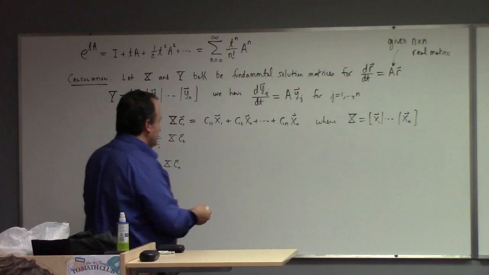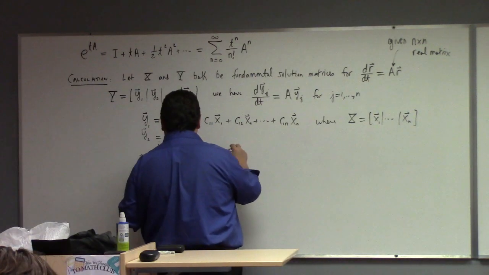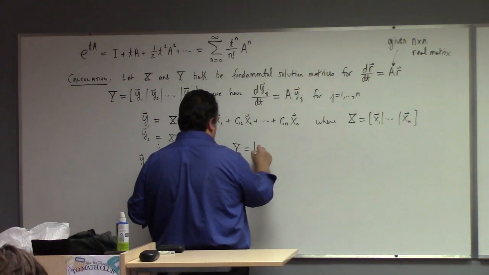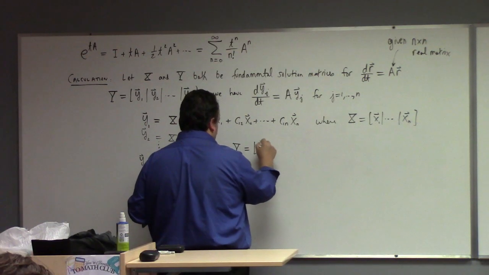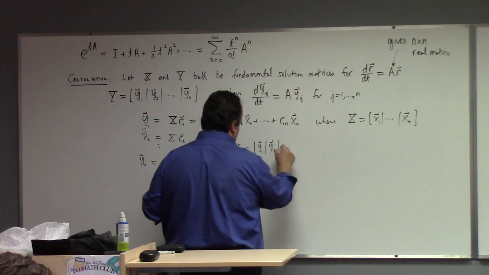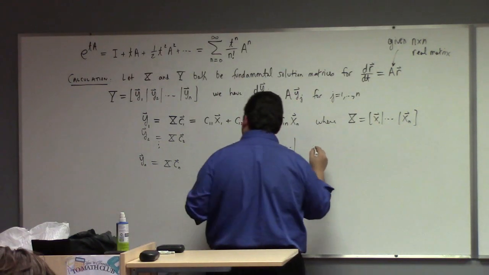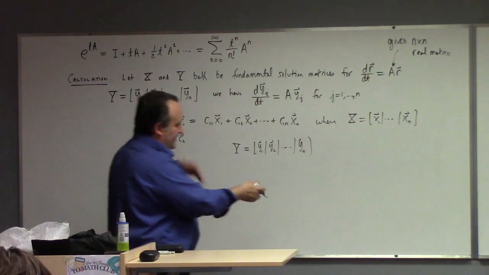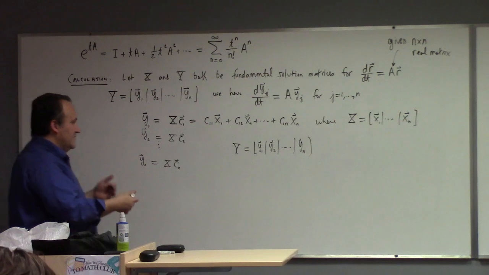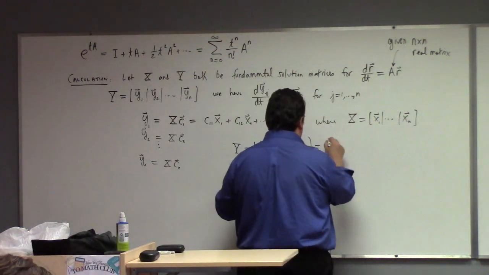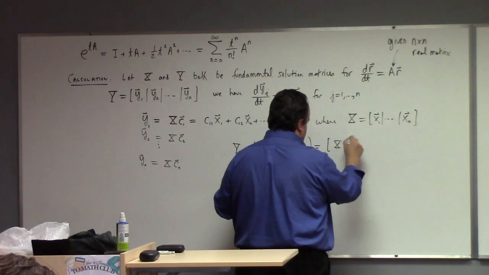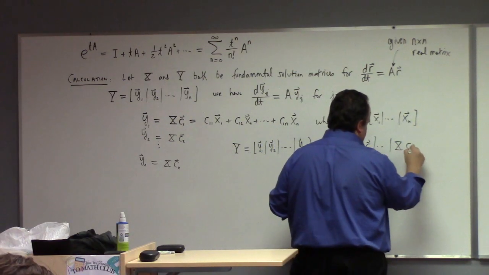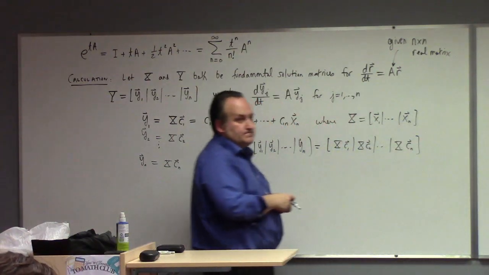All right. Well, what does this all mean? This means that if I look at Y, I can write that as y1, y2, through yn, right? I'm just writing that down again. But let's replace each one of those with X times the first constant vector, X times the second constant vector, through X times the nth constant vector, all right?